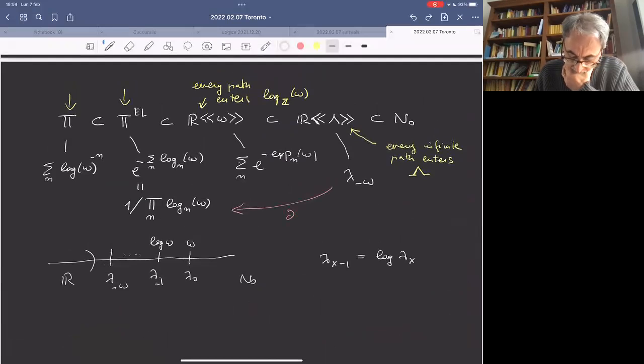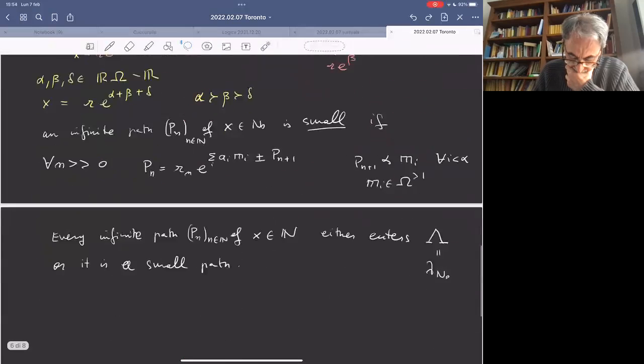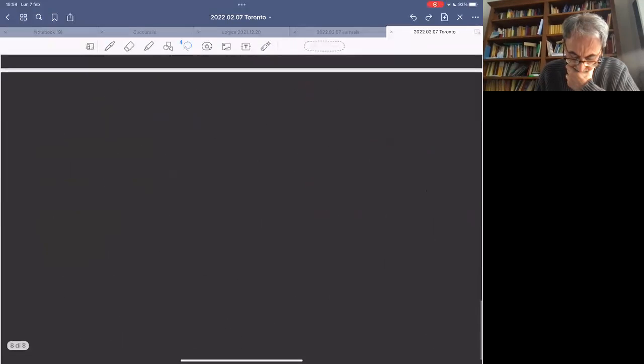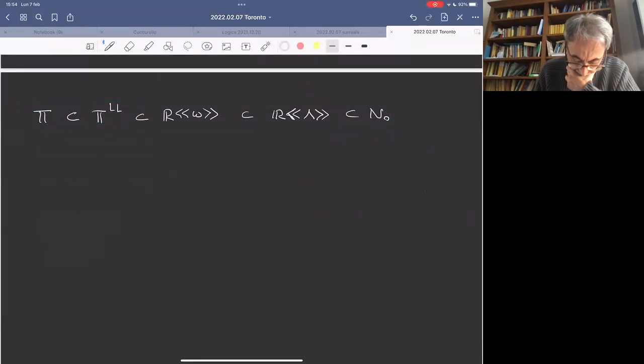So we have these various subfields of the surreals. Okay. Now we have a derivation.